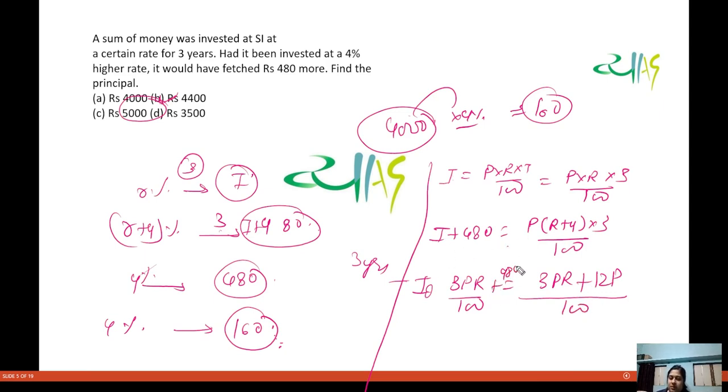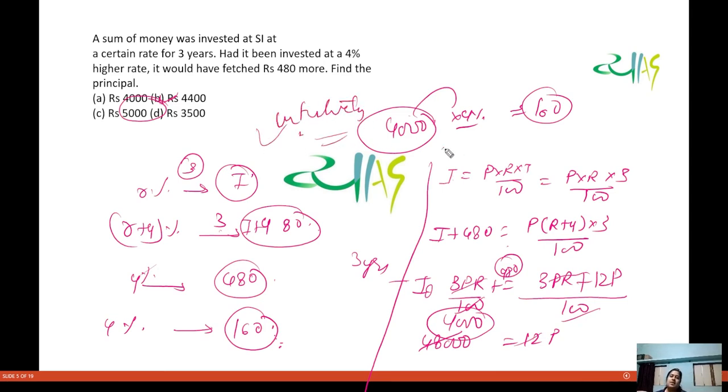This 480. Just take the LCM, you will find 48,000. And 3PR will get cancelled, 100 will get cancelled. You have 12P, and obviously this is 4,000.